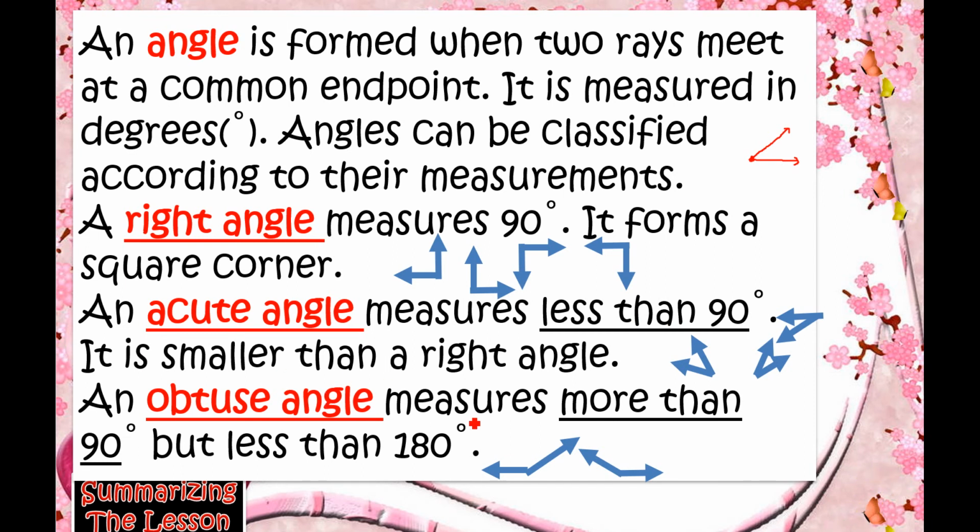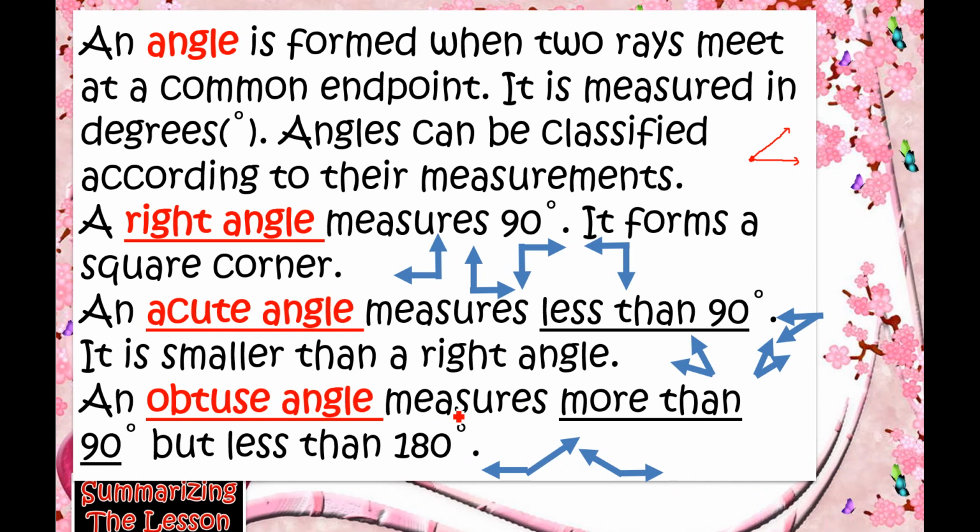And the last kind of angle is an obtuse angle, which measures more than 90 degrees but less than 180 degrees. As you all know, class, a protractor is half of a circle, and a circle measures 360 degrees.